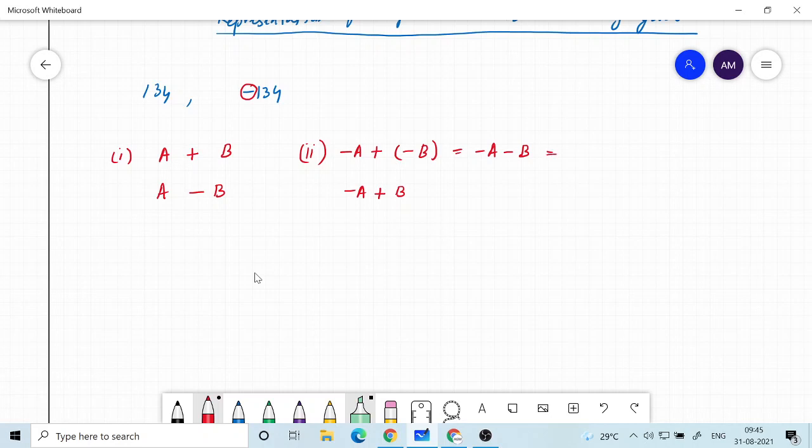So you can write like this: you add them and then put the sign of the number. So if both have same sign, this is what we do. We add the number and then put the sign. Here the sign is positive, so you just add the number. Here the sign is negative, so you add the number and put the negative sign.